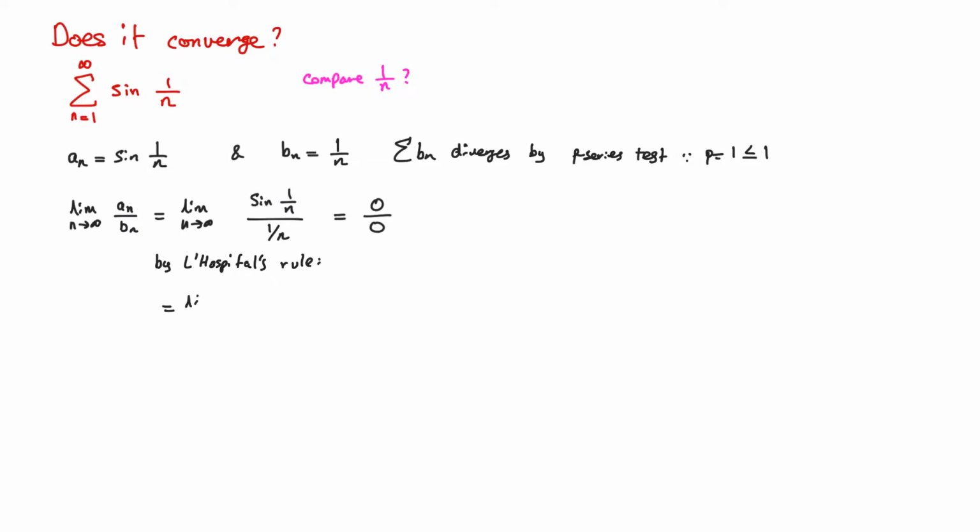And that would be the limit as n approaches infinity of the derivative of sine of 1 over n. So I'll do that in purple here. I have d by dx of sine 1 over x, and I have to use the chain rule here.